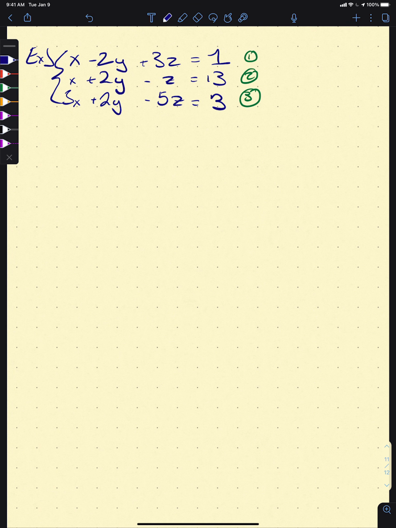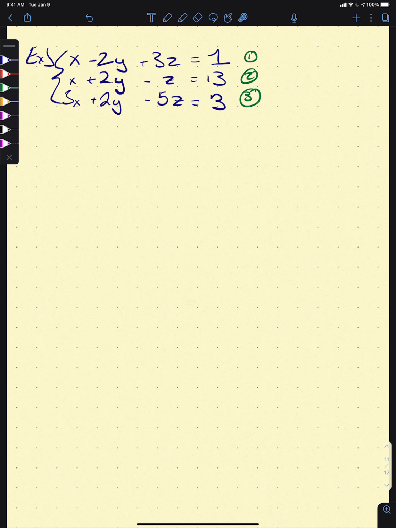Okay, so let's solve this. If I'm attempting to write this in triangular form, the first thing I need to do is get rid of these x's, because we need to have 0x in both of these entries here, and then eventually a 0y here.